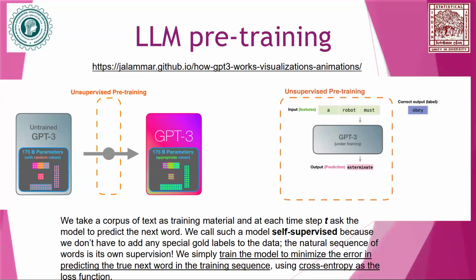Self-supervised means these labels are not created by hand. They are in the text corpus itself, and there is a technique to hide that word and then make the model accurately predict that word that has been masked. There are many techniques like masked language modeling, next token prediction, and many others.